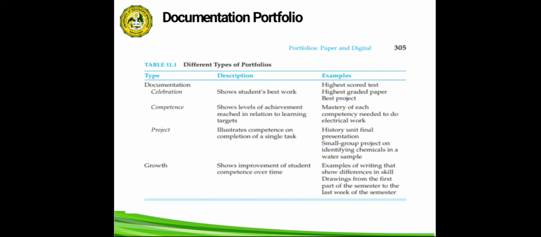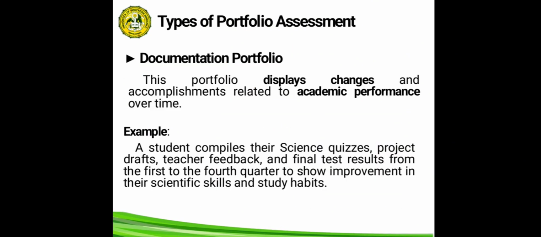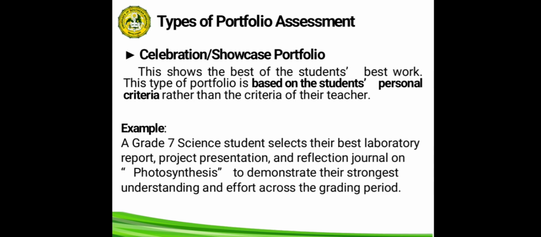So now let us focus on the documentation portfolio. This portfolio shows students' work that illustrates achievement, often aligned to learning standards. This includes the celebration or showcase portfolio, in which students select his or her best work, what he or she is most proud of, or show results of a project.